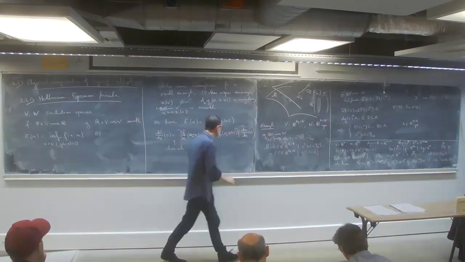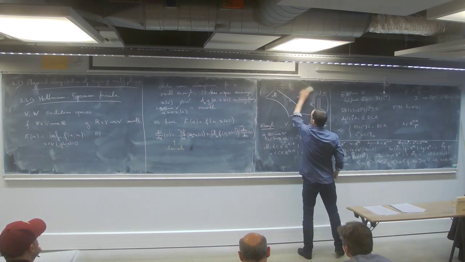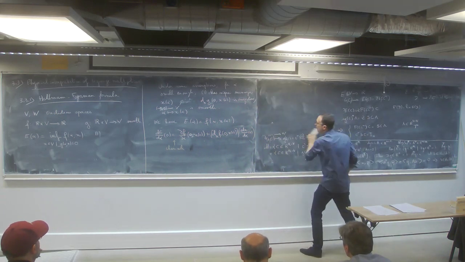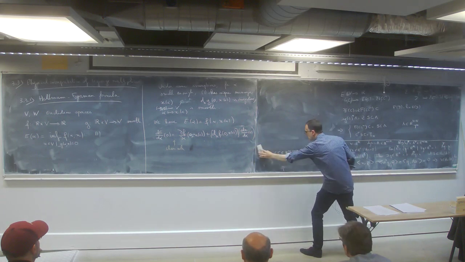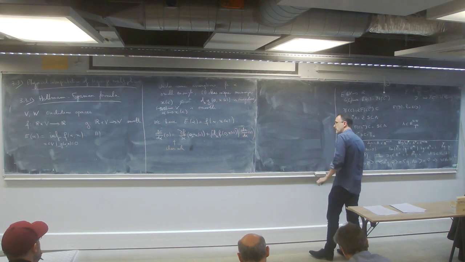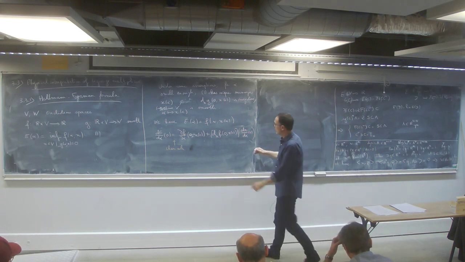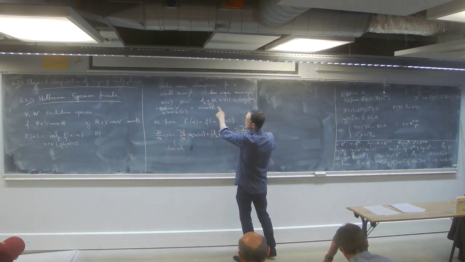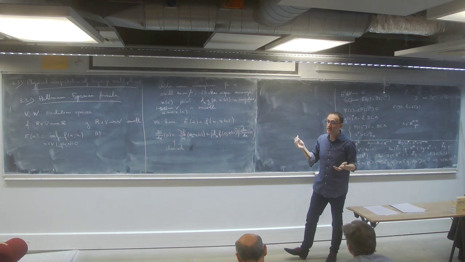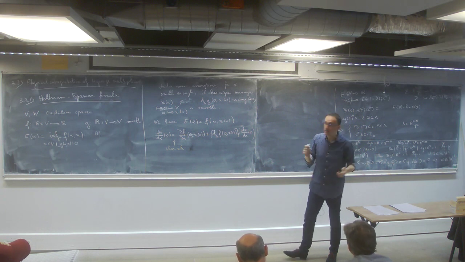That's one. But I also have other relations. The first one is that, as x naught at alpha equals 0, x naught satisfies an optimality condition.